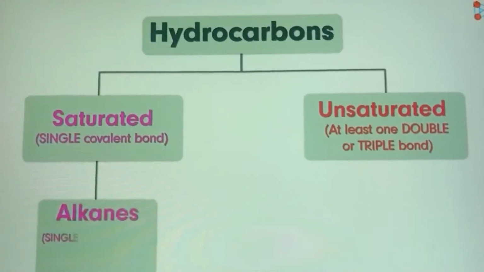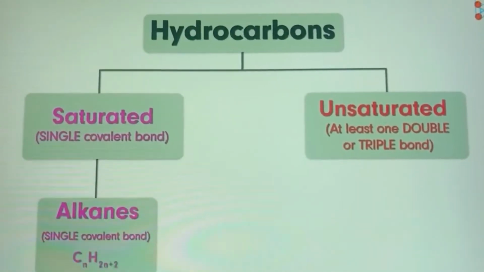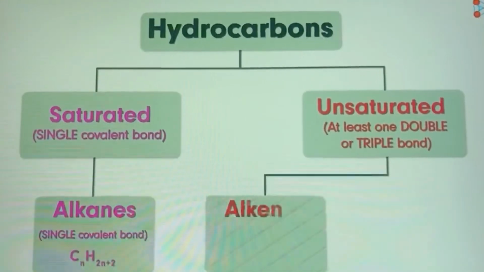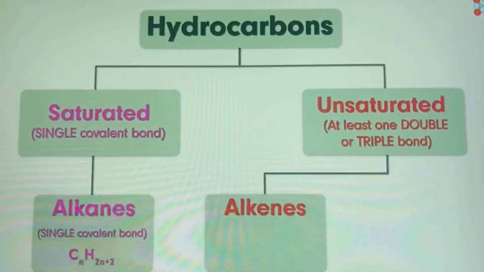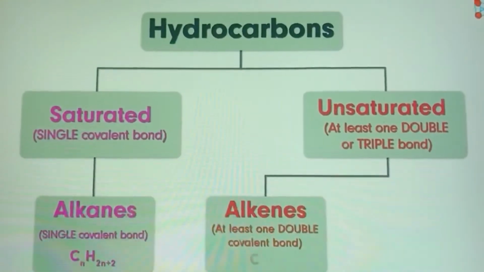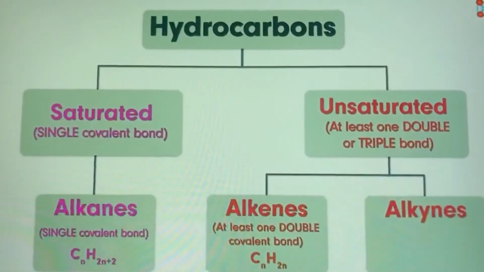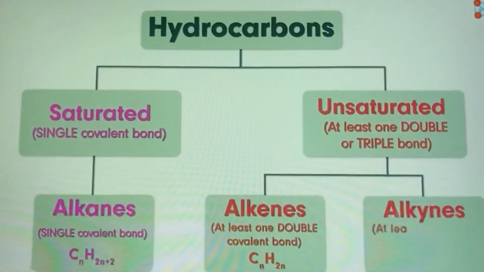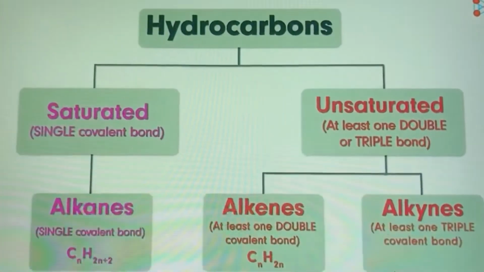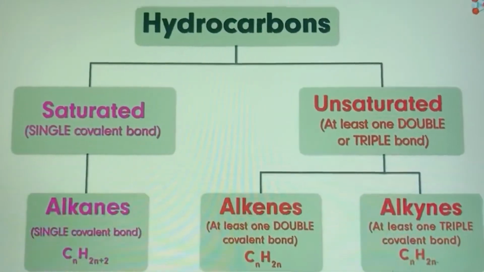Alkanes are the saturated hydrocarbons and their formula is CnH2n plus 2. Alkenes are unsaturated hydrocarbons with at least one double covalent bond. Their formula is CnH2n. While alkynes are unsaturated hydrocarbons having at least one triple bond. Do you remember their formula? Yes, it's CnH2n minus 2.